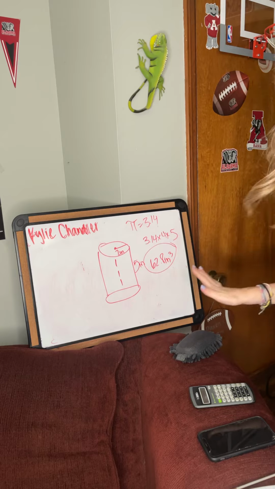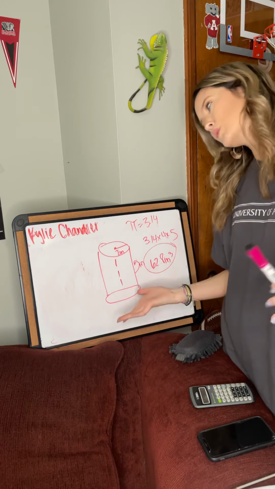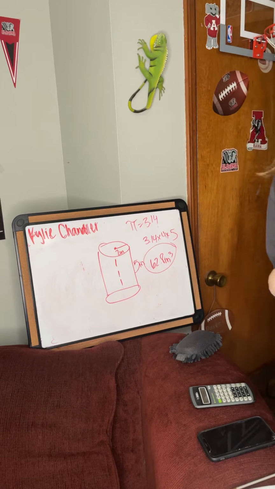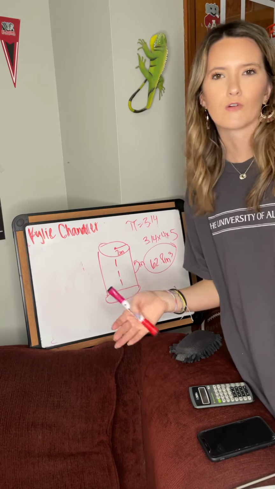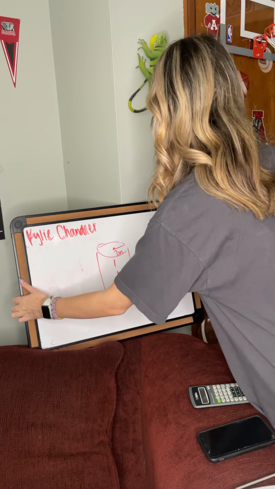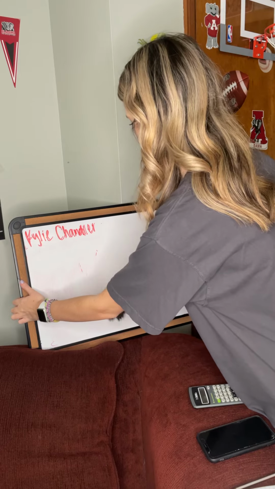Now we're going to do another example of this, but instead of giving you the radius, we're going to give you the diameter, and you're going to have to find the radius, which kind of sounds like it'd be difficult, but it's not at all. So just pay attention and it should be easy.